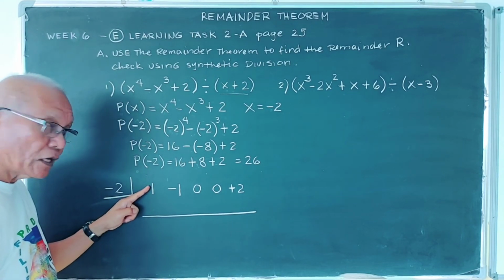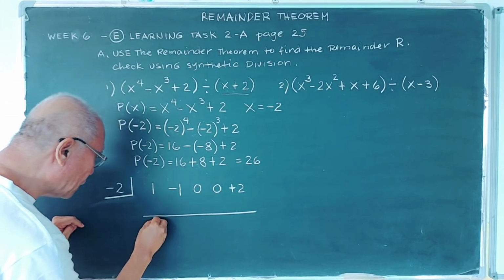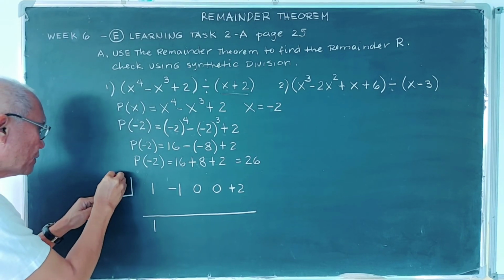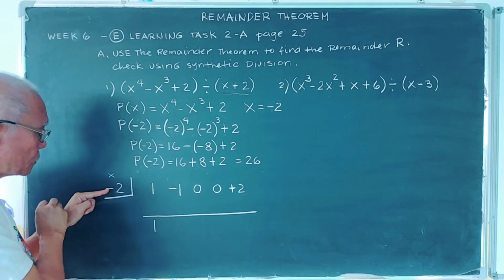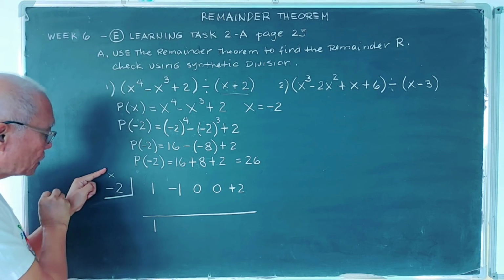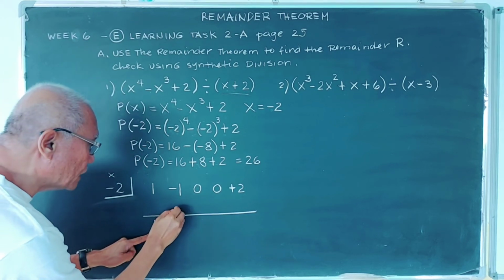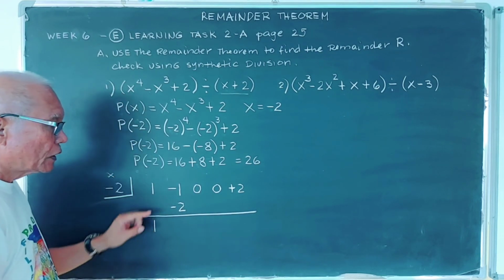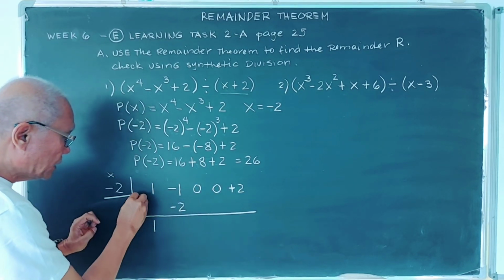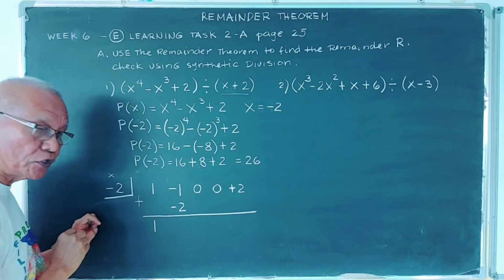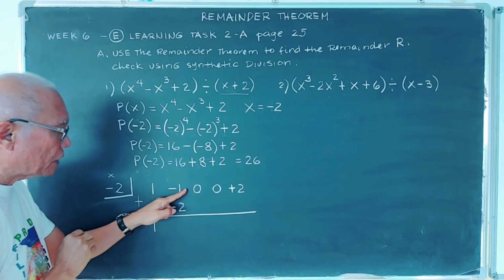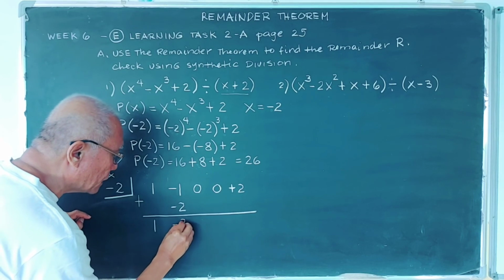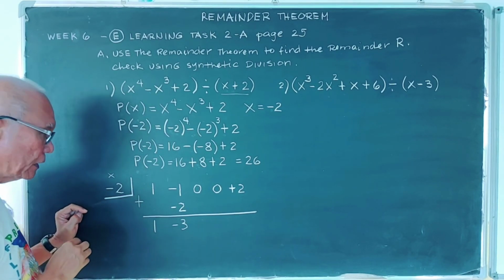Bring down o carry down yung 1. Dito ilalagay ang 1. Tapos, ito ang pang times. So, negative 2 times 1. Dito yung answer. Negative 2. Dito naman, aadin natin yan. Addition. So, negative 1, negative 2 is negative 3. Okay.